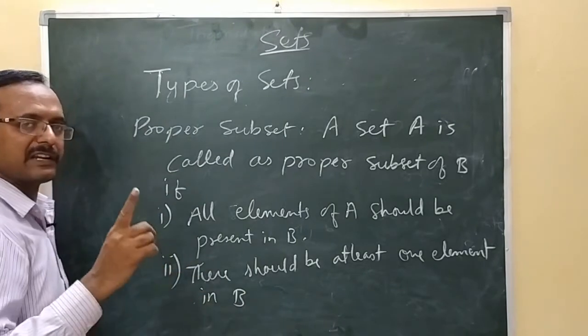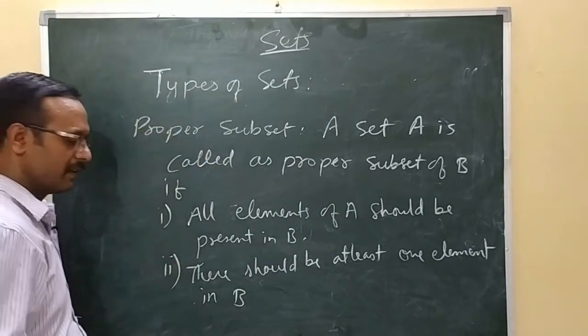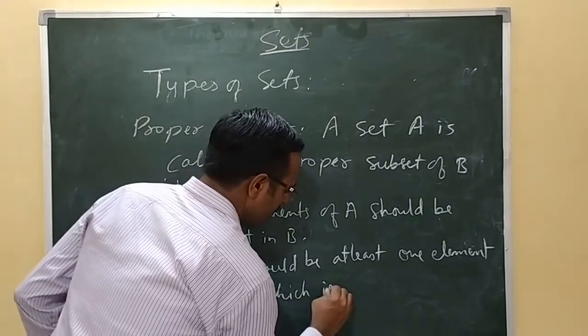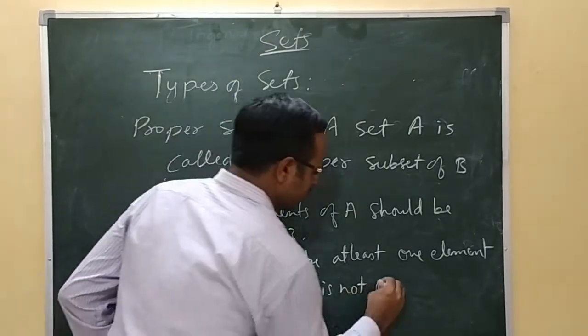There should be at least one element in superset B which is not present in A.